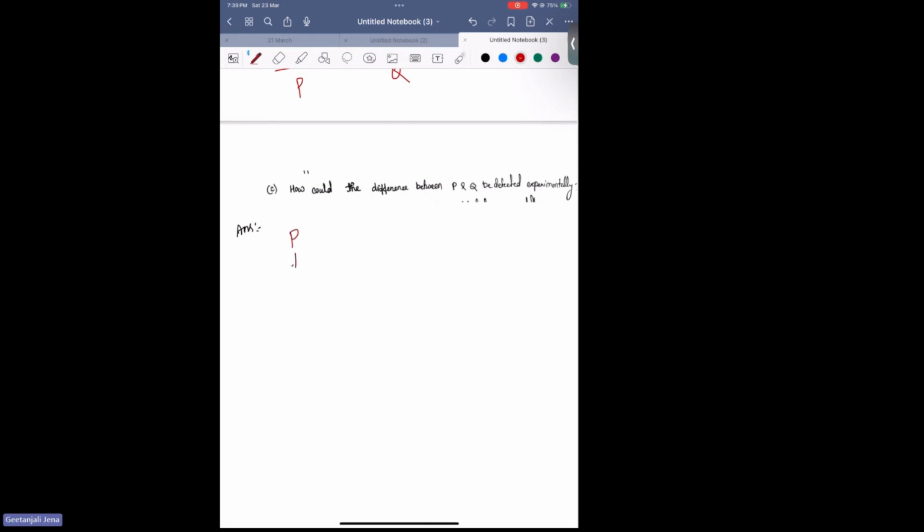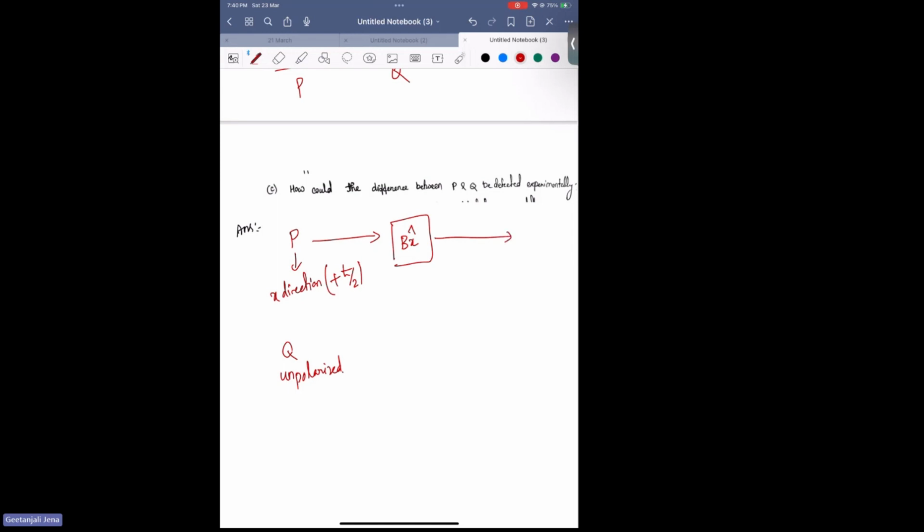For P, it was given that they are oriented along the x direction, which have eigenvalue plus h cut by 2. And for Q, it is unpolarized. Now, if you pass beam P to an apparatus with a magnetic field in the x direction, what is the number of beams you will get?